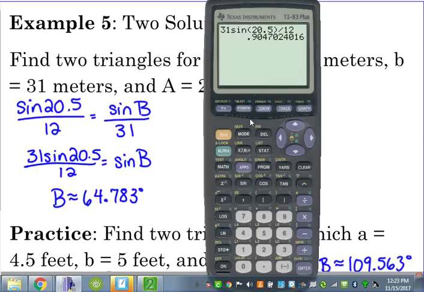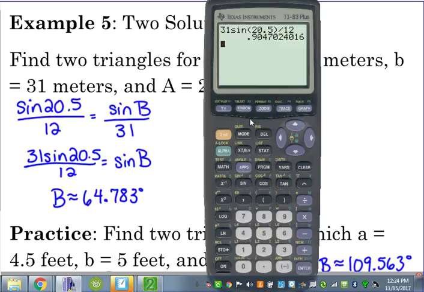There are two places where sine can equal 0.90. It can equal that in the first quadrant, which is the 64.783. It can also equal that in the second quadrant. The sine is positive in the first and the second quadrants. So that's why we can end up with two triangles here.